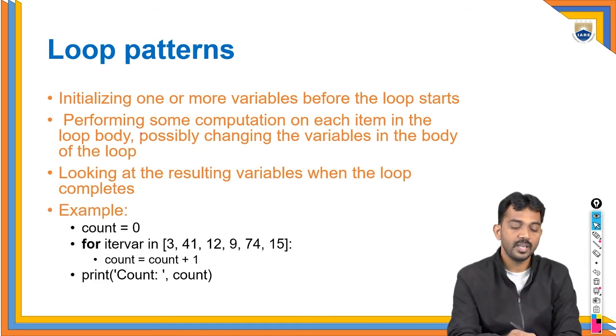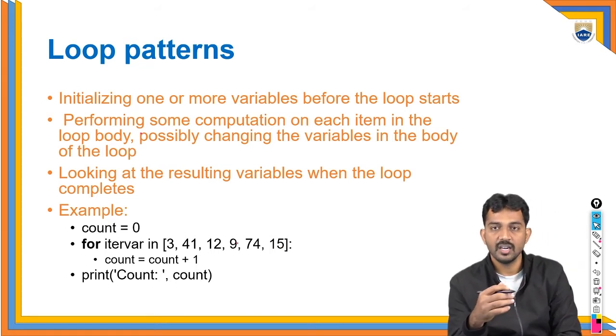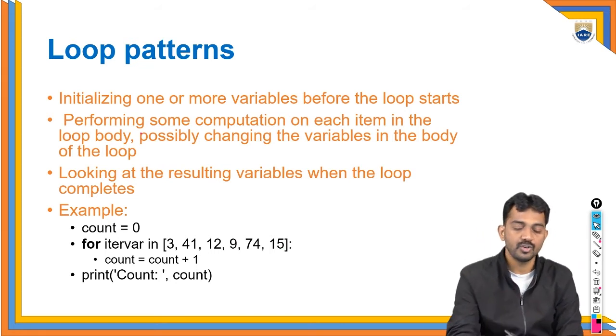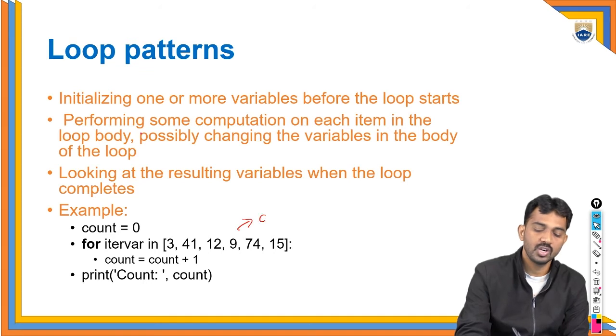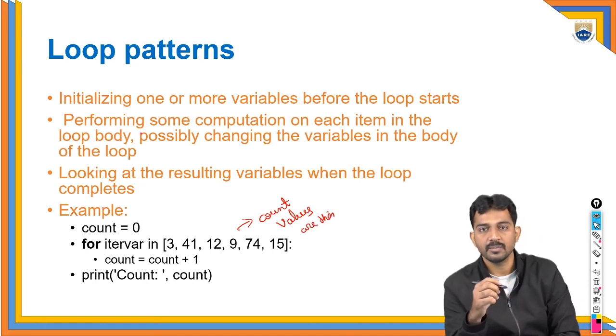For example, with the same iterator, suppose one list is there and you're going to access every data item. How many values are there? That means you're going to count how many values are there in the given statement. That is what you're going to perform, right?